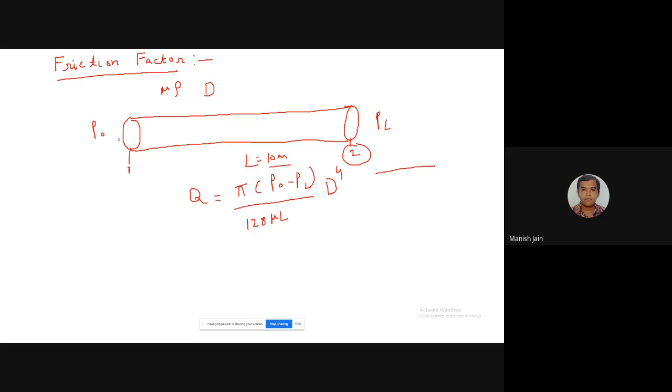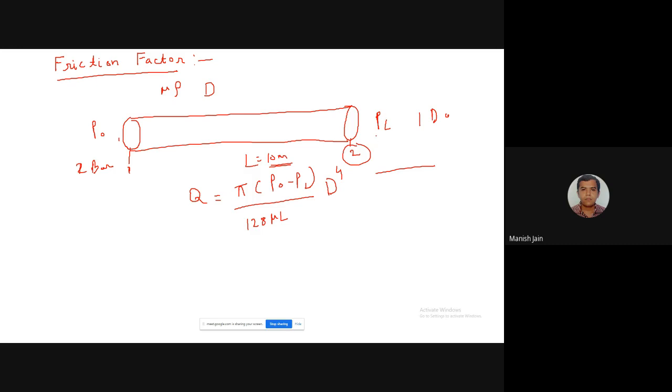Then only you can flow the fluid. This pressure drop is basically the resistance to flow. So if your pipe is 10 meter long, and suppose P naught is 2 bar and PL is 1 bar, then 2 bar minus 1 bar equals 1 bar pressure drop created inside the pipe.